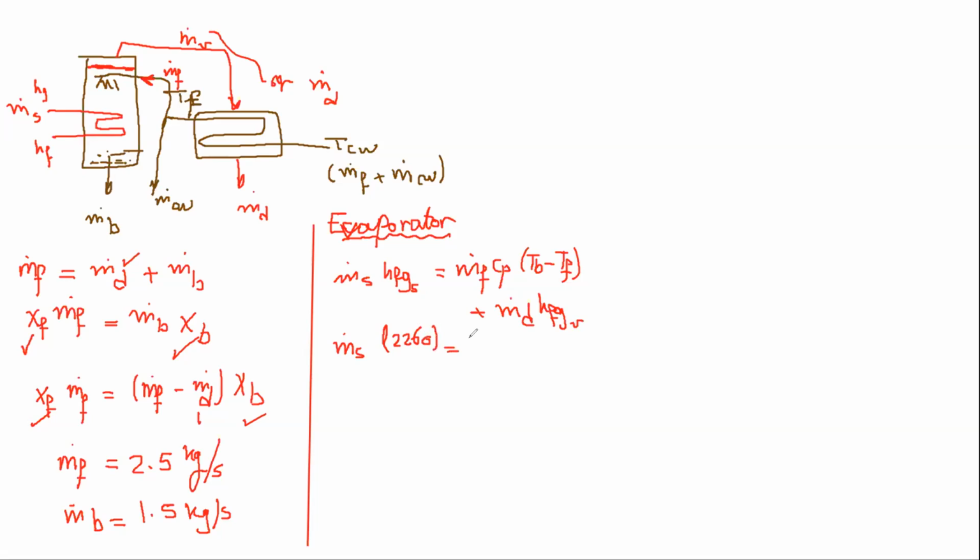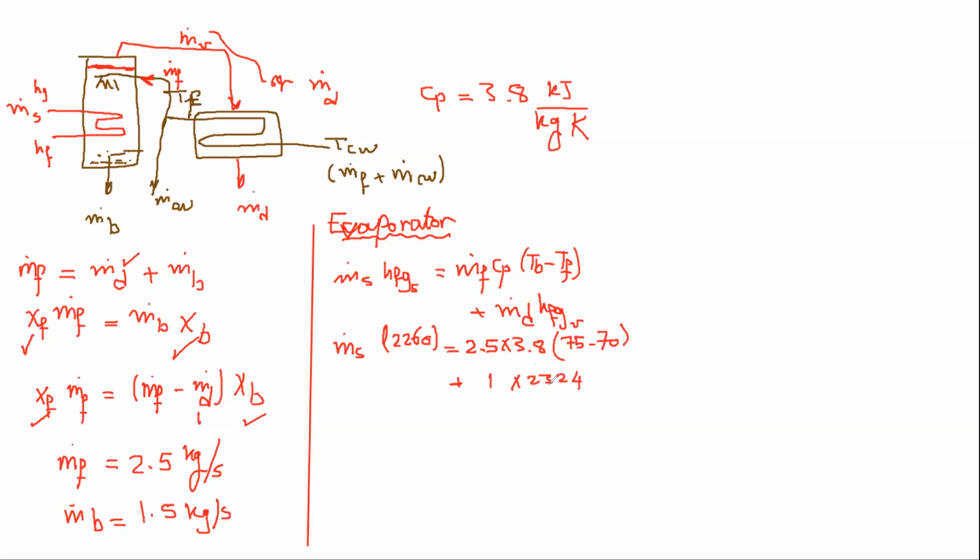This is equal to m dot feed, which is 2.5, CP of the seawater is about 3.8, and this should be given to you, by the way, per kilogram Kelvin or centigrade, multiplied by TB, which in the problem has been given to us as 75, minus TF, given as 70, plus m dot distillate 1 into HFG, given as 2324.